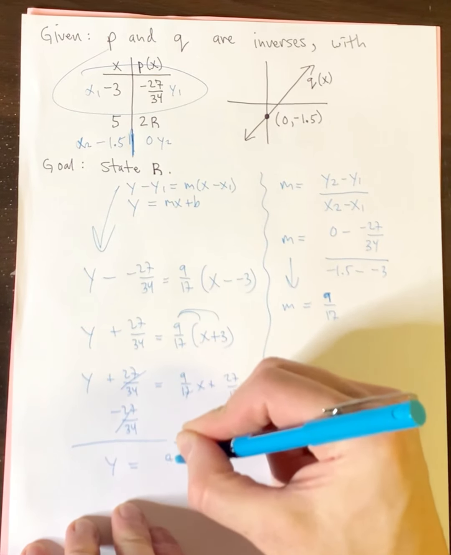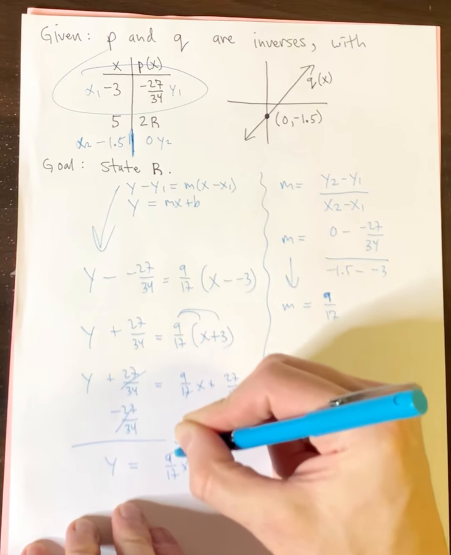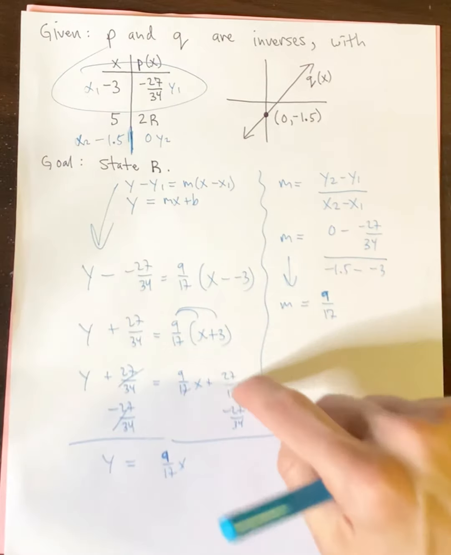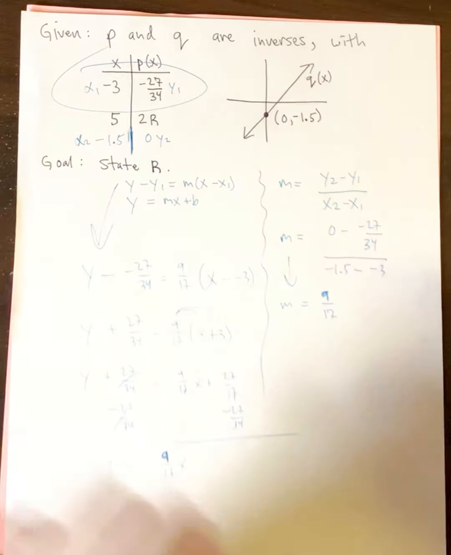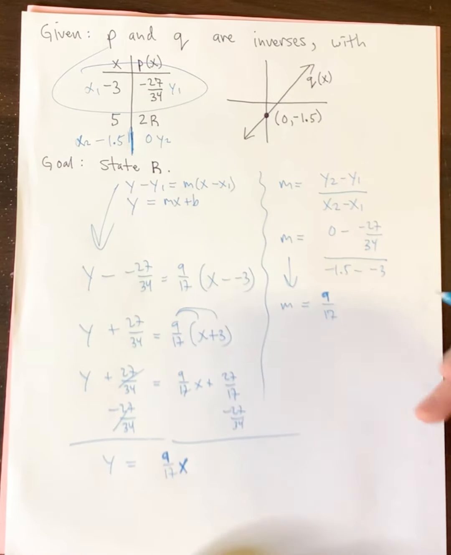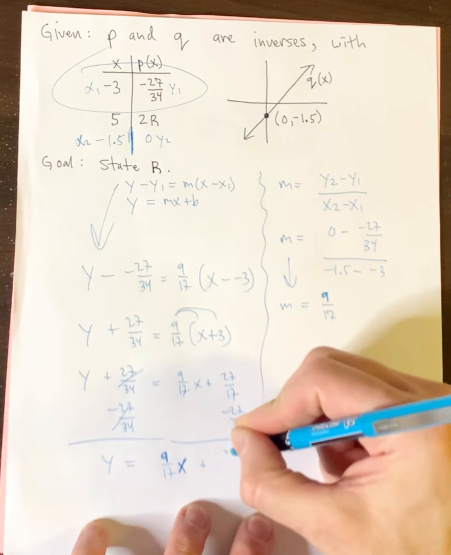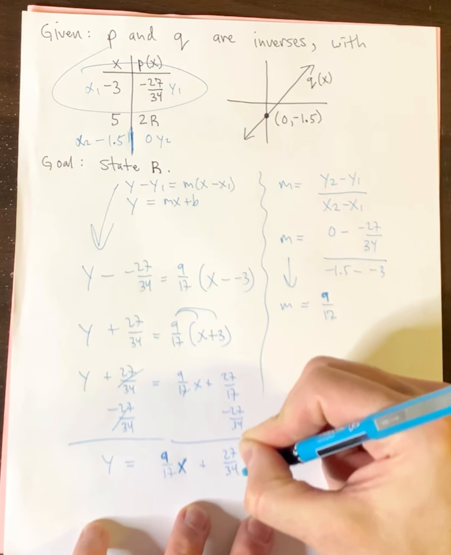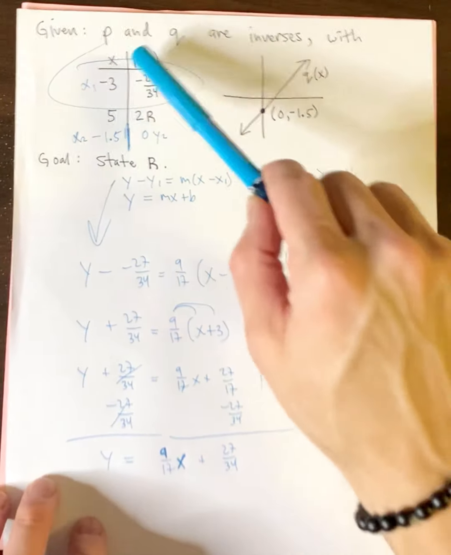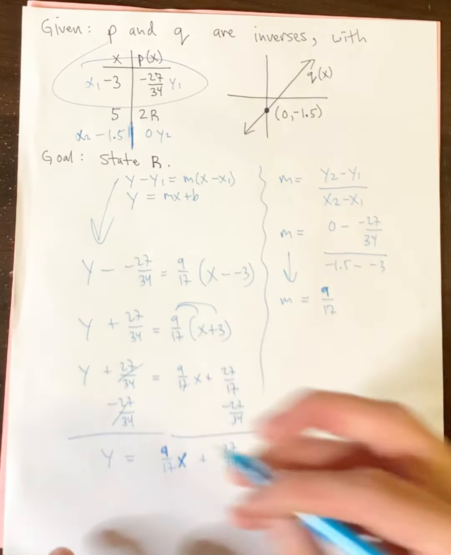Y equals 19/7 x. And then here we can go Casio to combine these fractions. You know what? I think I know what that is just by looking at it. That should be positive 27 over 34. And instead of y, this is actually called P because we use the points from P to make this equation.